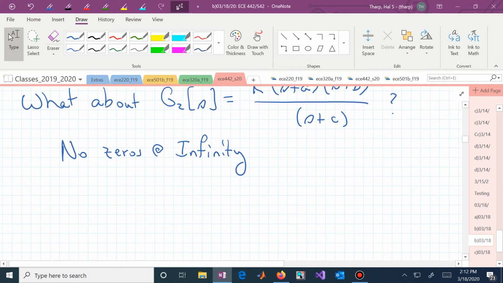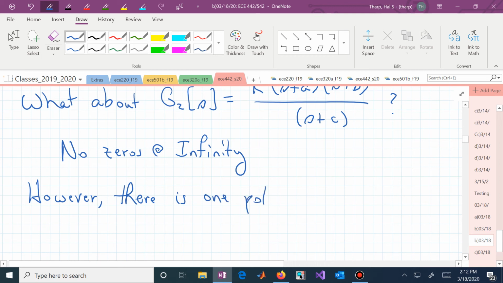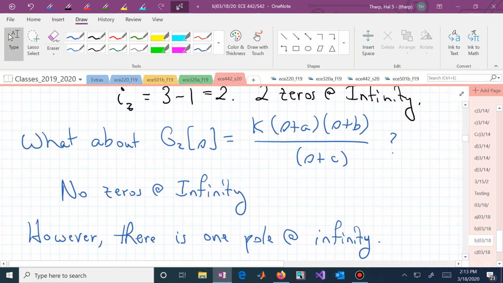So in this particular case, for G sub 2 of s, we could say there is one pole at infinity. So instead of worrying about a negative number of zeros at infinity, let's just call those poles at infinity and call it good.